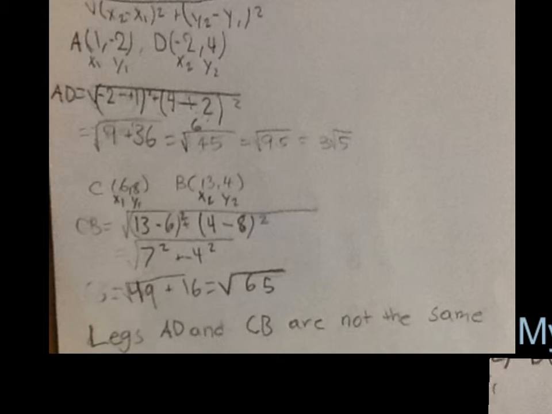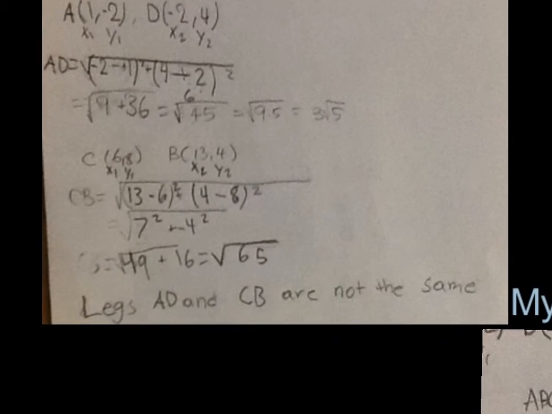Then next is CB. C is (6, 8), B is (13, 4). X1 is 6 and Y1 is 8, X2 is 13, Y2 is 4. For CB, I have to do the distance formula. 13 minus 6, so I got 7.